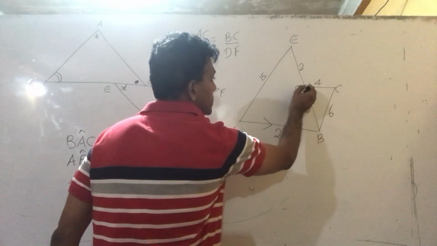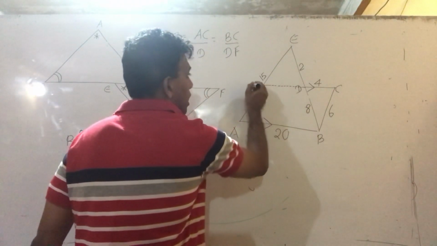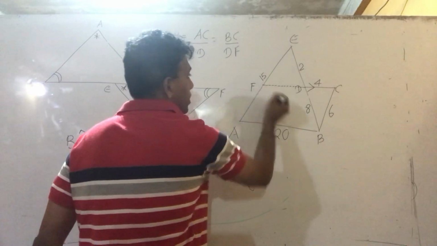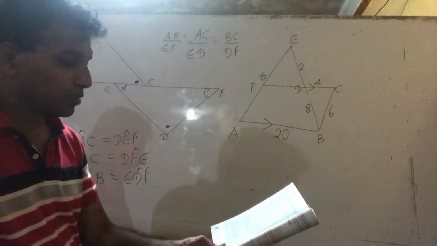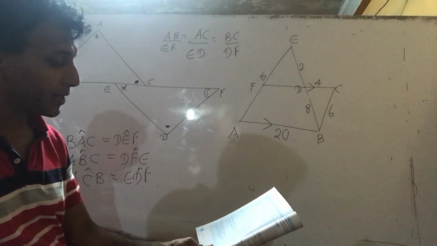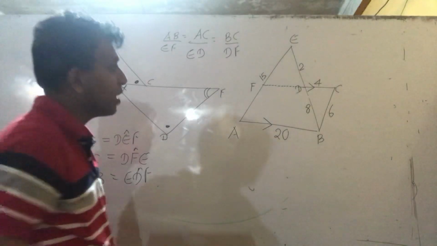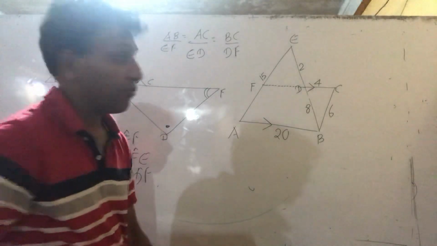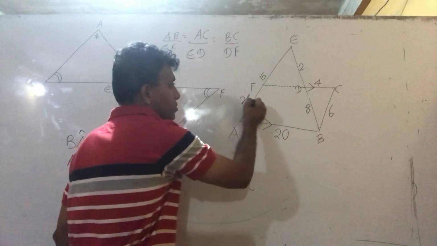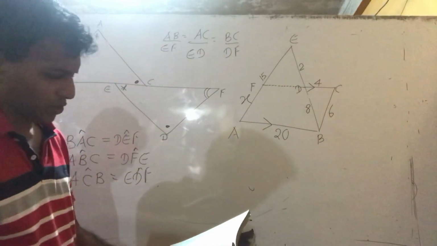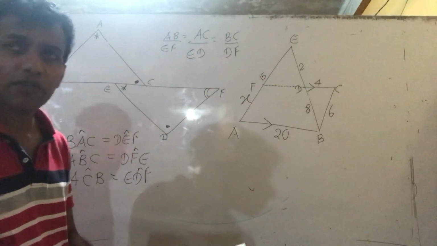They produce this, it is marked F. So find the value of AF, I say x. So think how this question, simple question, why this not a difficult problem, right?